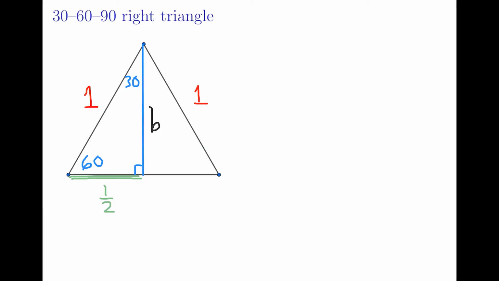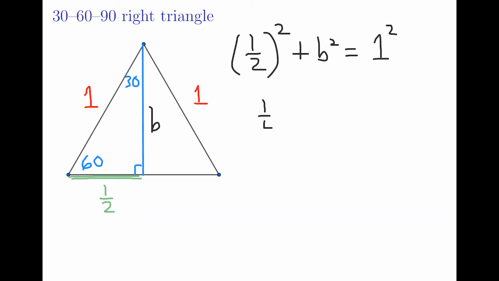And so the Pythagorean theorem says that 1/2 squared plus B squared equals 1 squared. And that tells us that 1/2 squared, which is 1/4, plus B squared is equal to 1. And of course that means B squared is equal to 3/4.